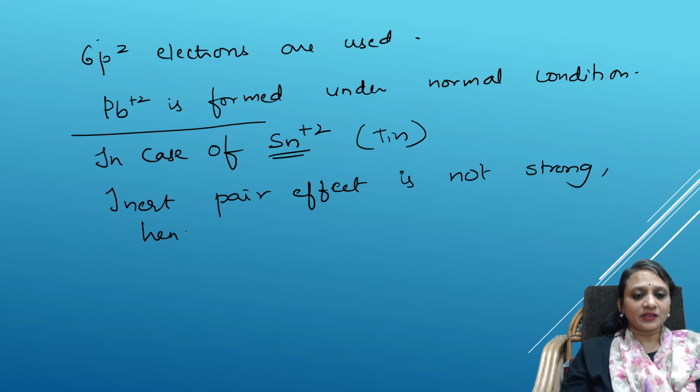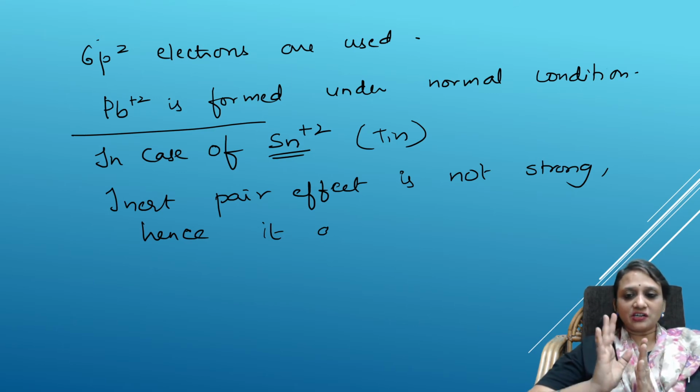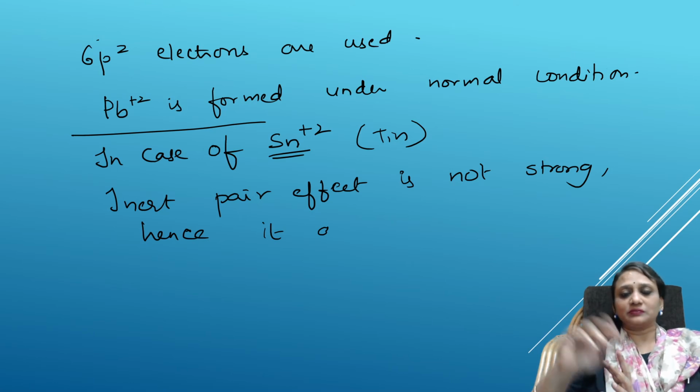Hence, understand, students, the inert pair effect is not strong. So what is going to happen? It is not so prominent in tin to give only Sn +2.